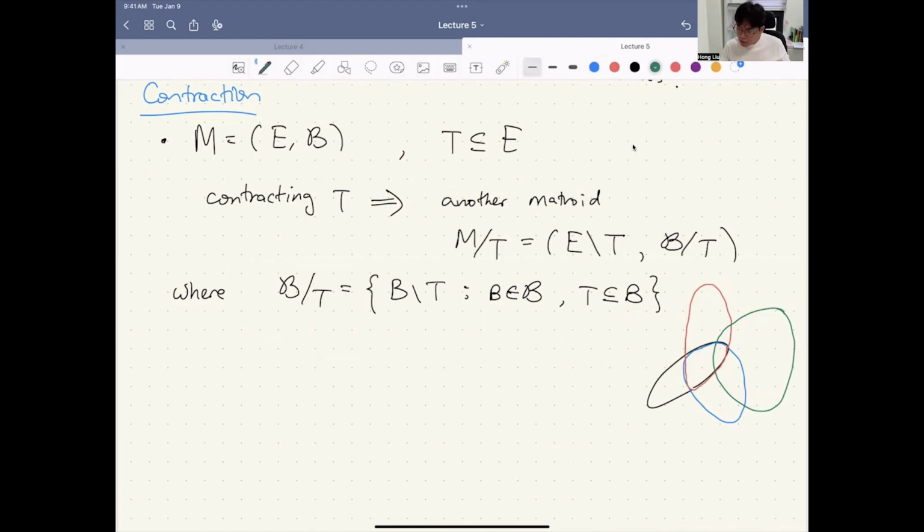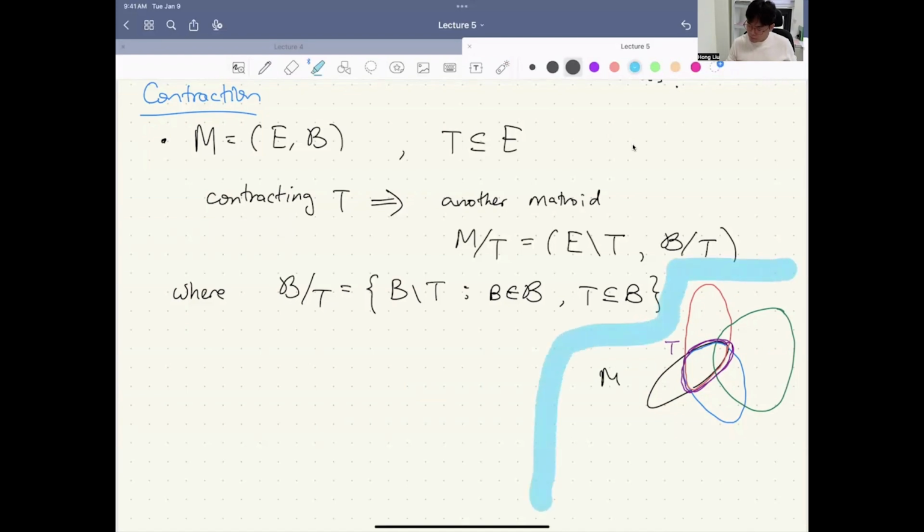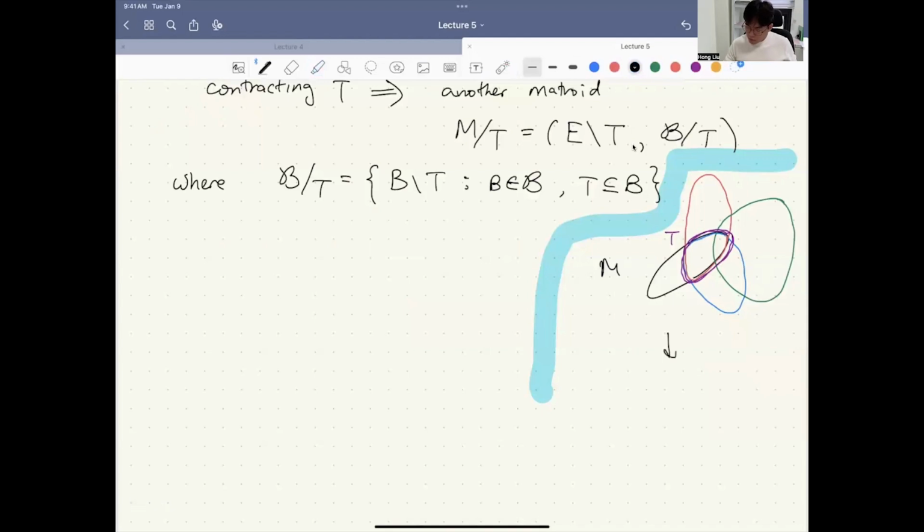And if I let T be this purple set, then 3 of the bases, the red, black and blue ones, contain this purple T as a subset. So for the contracted bases in this contracted matroid, you throw the green one away because the green one does not contain the purple subset T. You keep the other 3, but you remove T. So if this is M, then this is M with T contracted.